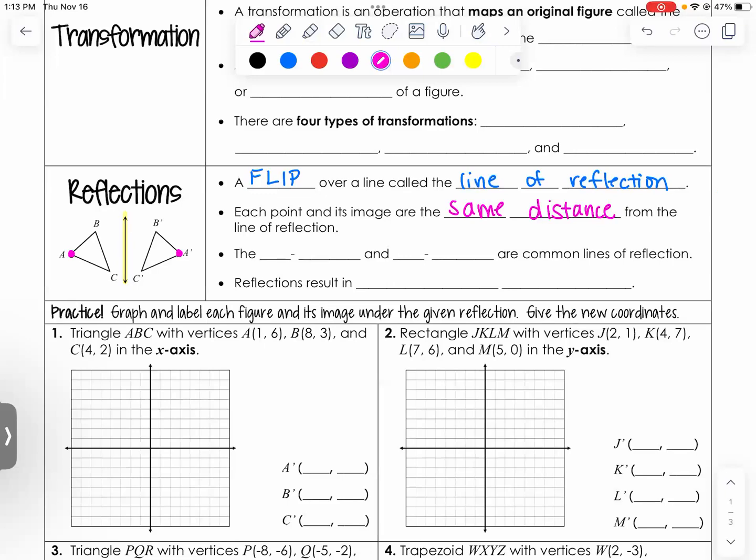Now, the x-axis and the y-axis are going to be the two things that we're going to reflect about.